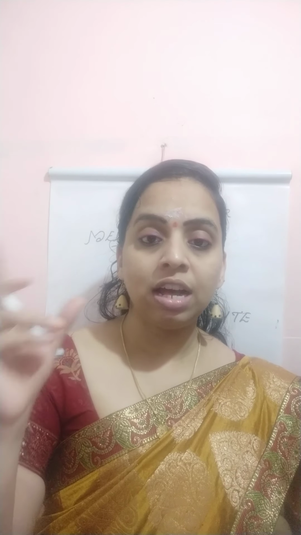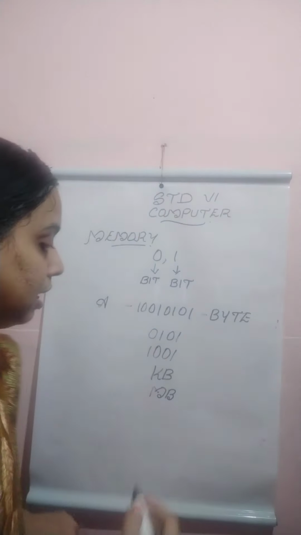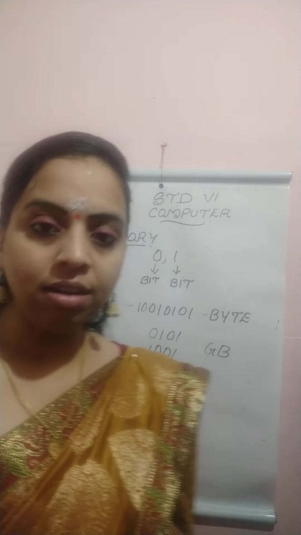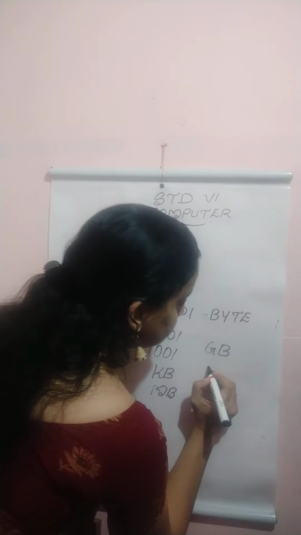Next, 1024 megabytes is known as 1 gigabyte, and it is represented by GB. Clear? Next, 1024 gigabytes is known as 1 terabyte, and it is represented by TB.